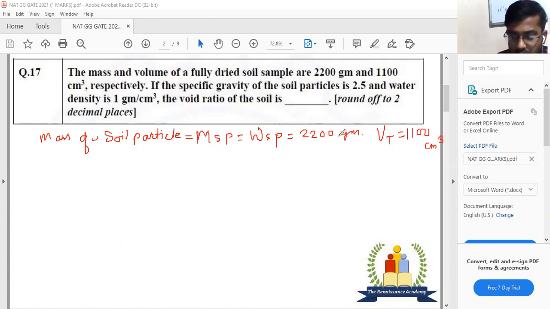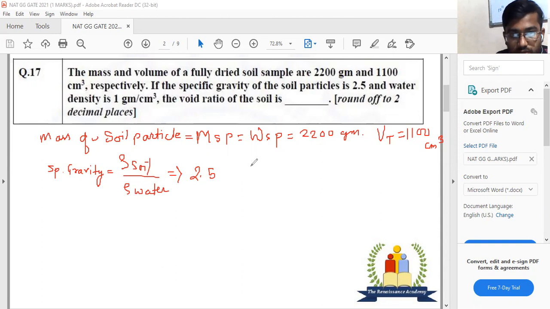Now the specific gravity is given. What is the formula for specific gravity? Specific gravity is equal to density of soil upon density of water. Okay. So we have 2.5 specific gravity is equal to rho s, density.